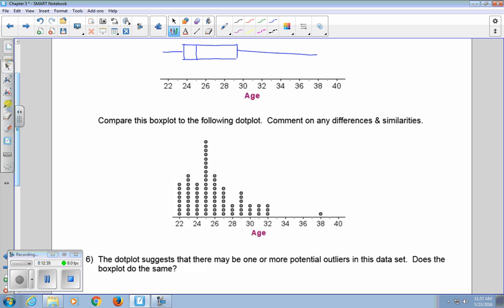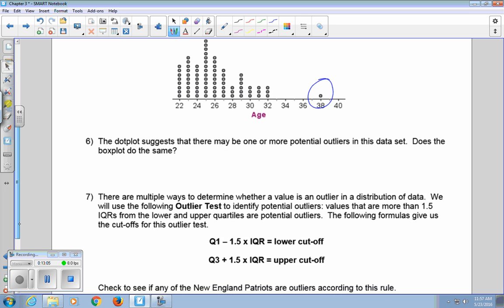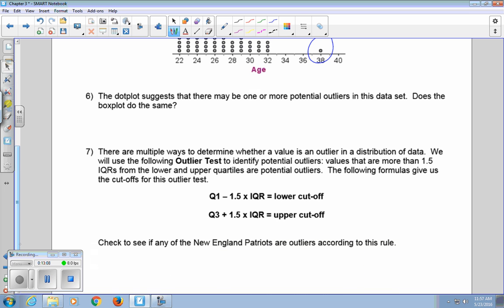One thing we notice is that you really lose the fact that this data point is so far away from the distribution that it's probably an outlier. Up here, we can't tell where the next closest data point is to 38. So that gets kind of lost in the box plot.